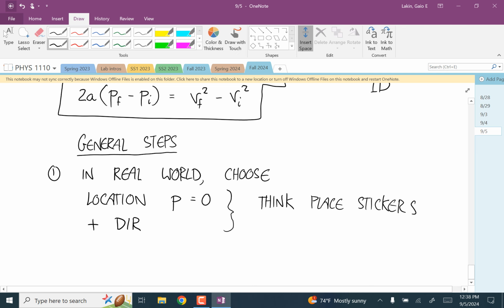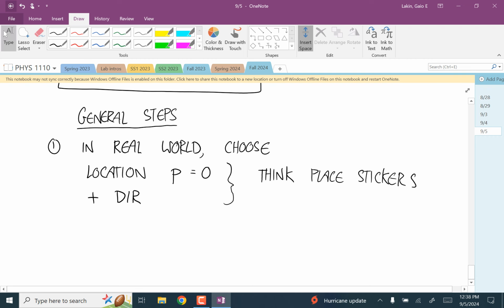And then the other 2 things we're going to choose are 2 instants in time when we turn the stopwatch on and then when we click the stopwatch off. So we're going to choose an instant where time is equal to 0. That's where we turn the stopwatch on.